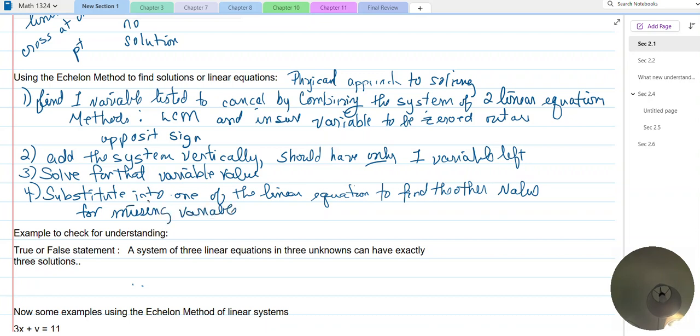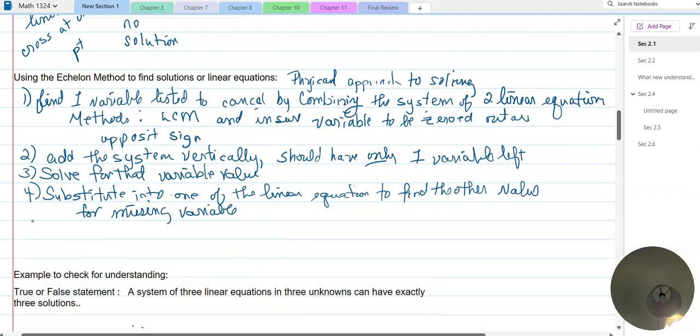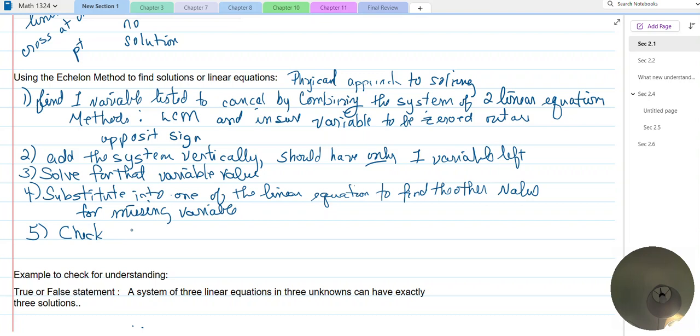And then we will test it, of course. Again, you'll be using your calculator, or you do it on paper. It doesn't matter which way you go, but you always must check your solution. And I'll be following through on this as we go through.